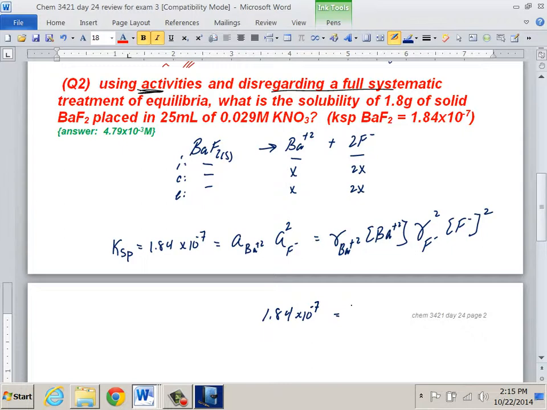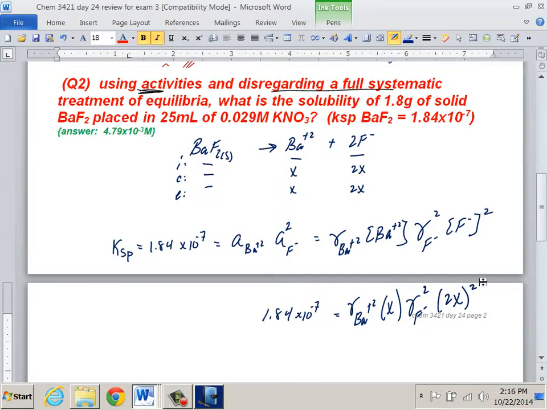Replace what with what? X instead of Ba and 2x instead of fluoride, yes, that's what I was shooting for, so that I wouldn't skip any steps. So from the ice table, put in the X for the barium. Whoops, I forgot my fluoride coefficient. And my 2x for my fluoride.